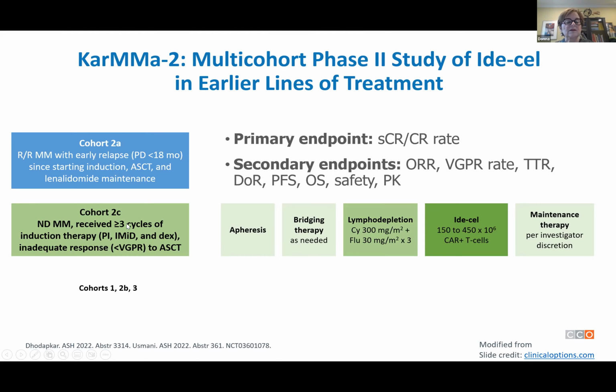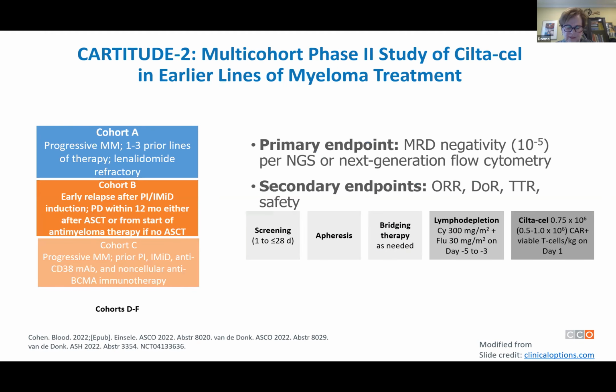So these are really potentially kind of one line of prior therapy, but a group that is deserving of better strategies. Now, the CARTITUDE trials took a little bit different. They looked at myeloma 1 to 3 prior lines and were progressing at some point on lenalidomide.